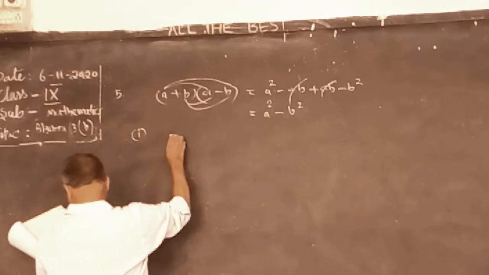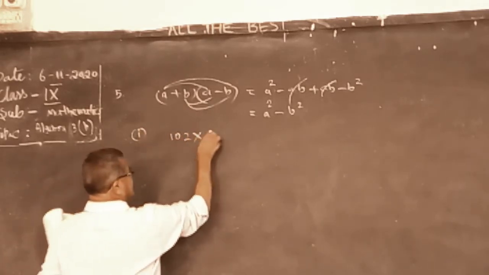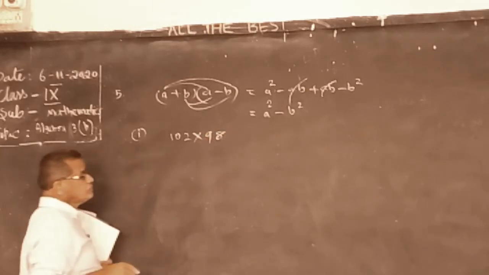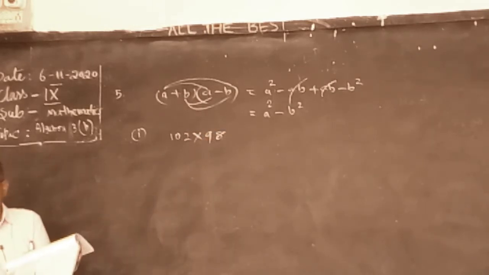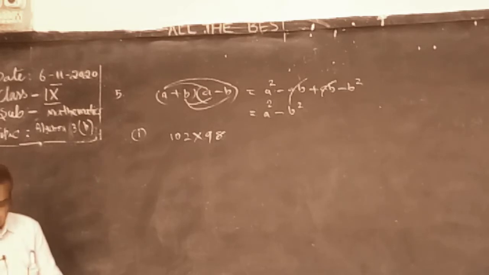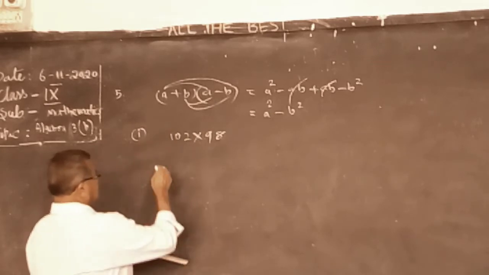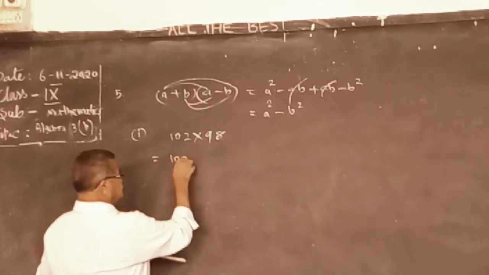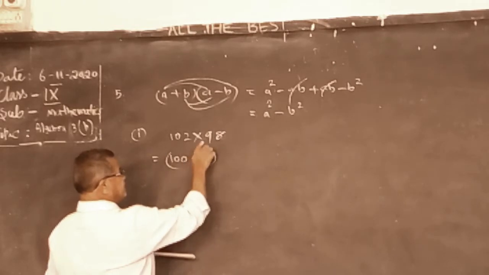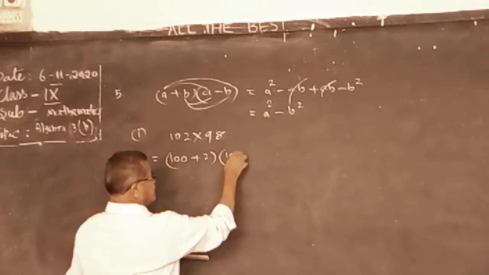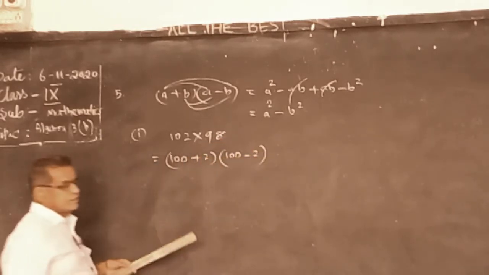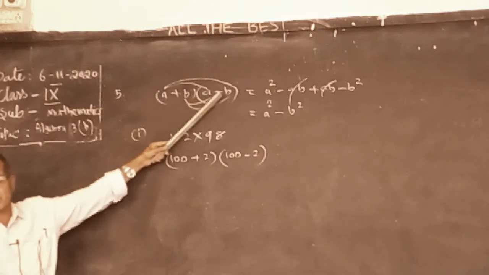First one, 102 into 98 is given. We can convert this as 100 plus 2 into 100 minus 2. So it is brought into the form.